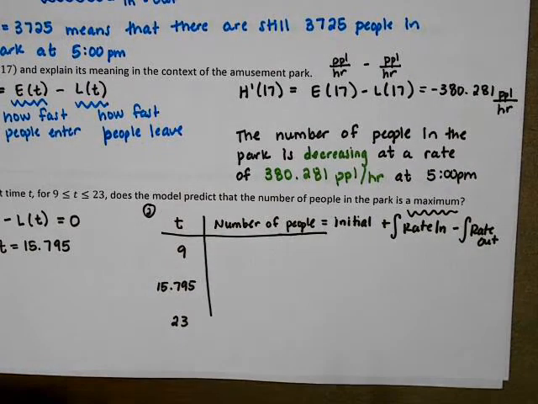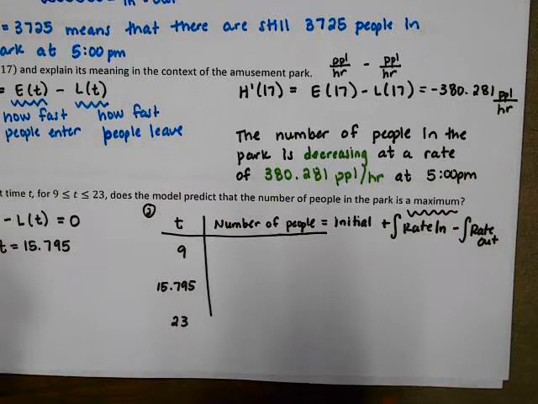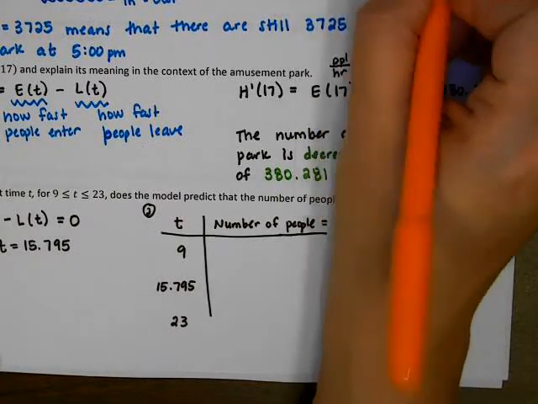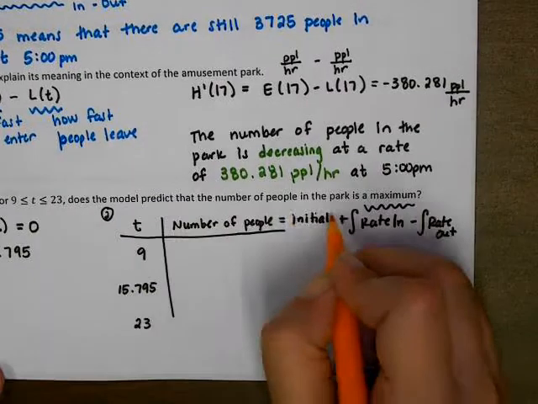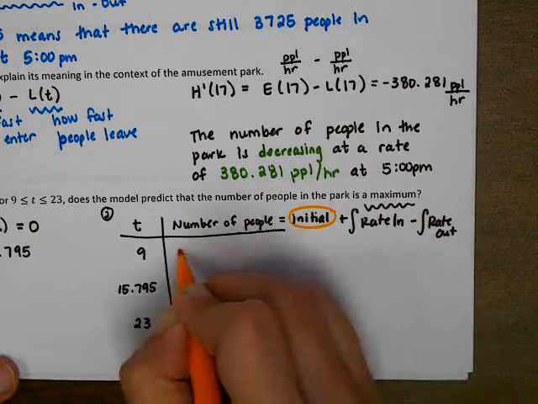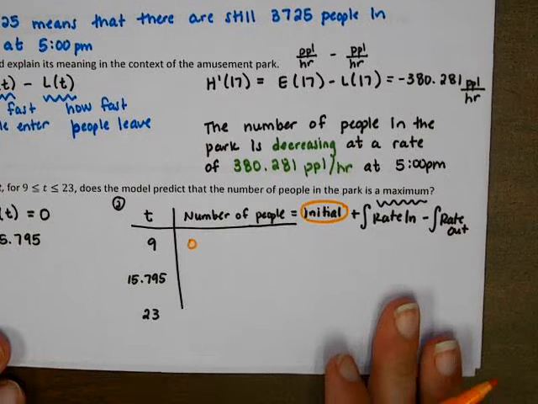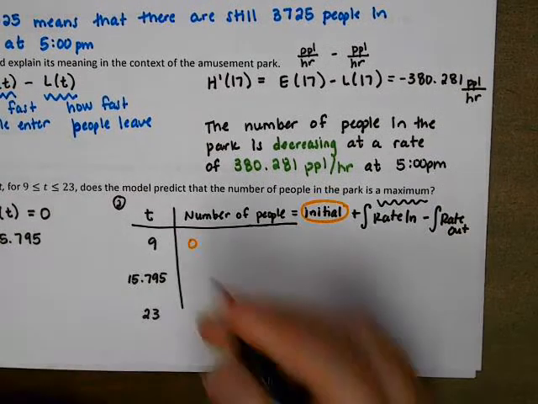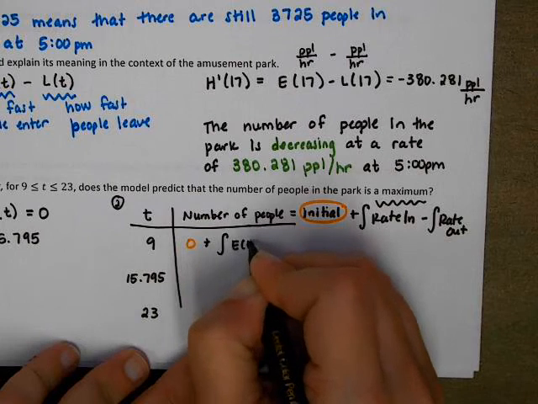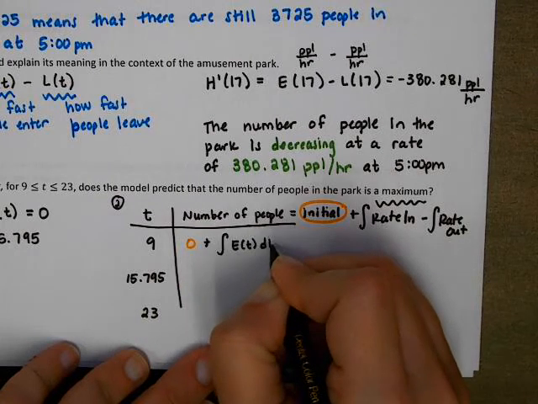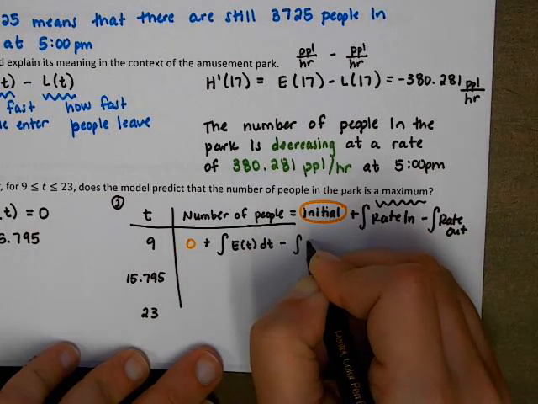So, how many people did we start with? Well, we changed this one a little bit to make our lives a little bit easier. At t equals 9, there were no people in the park. So in this problem, the initial is just 0, but a lot of times the initial is not 0. Plus the integral of the rate in minus the integral of the rate out.